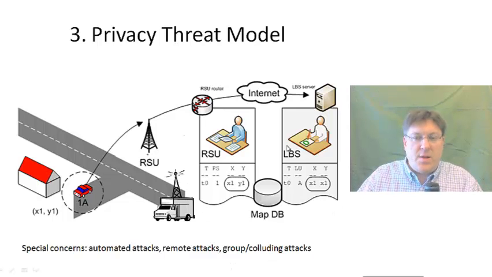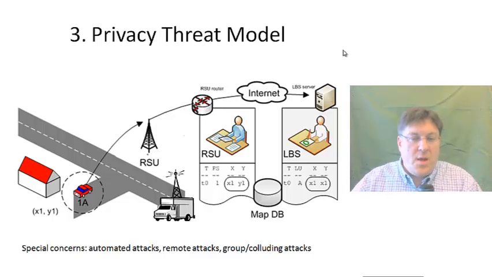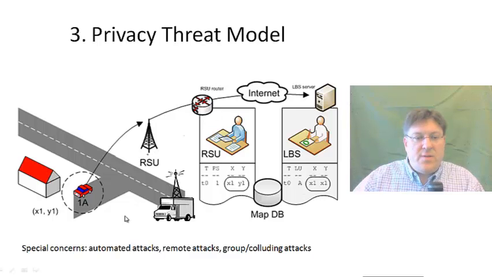And then last but not least, if the vehicle is using a location-based service, then the location-based service administrator, the LBS administrator, might be able to use a map database to identify what address the vehicle is transmitting from, or might just know the specific queries the vehicle makes about what it's looking for. Any of these three entities could breach the privacy of a vehicle.